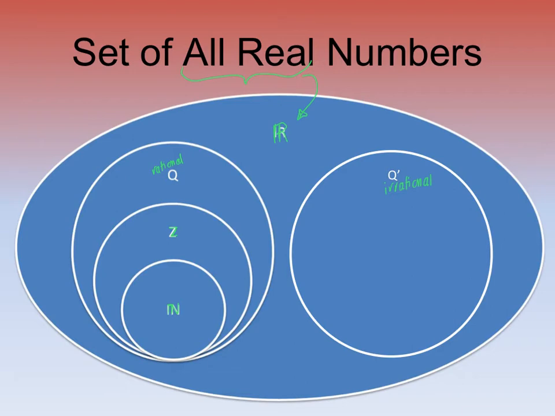Our rational numbers are separate from the irrational numbers, as you can see by the Venn diagram. But within our rational numbers, we have integers. Within integers, we have our natural numbers, because any positive whole number is an integer, but it's also a natural number. And then our rational numbers can be any integers or any decimal values.